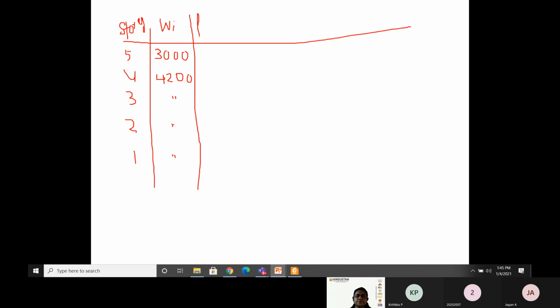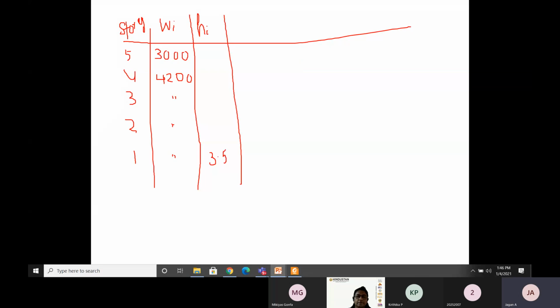The next is the height, H. So how do I write now? If I start from the first story, what is the height? It was 3.5, isn't it?